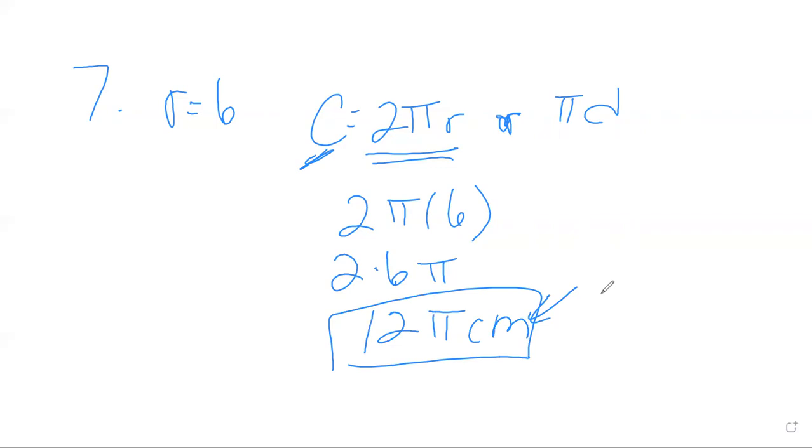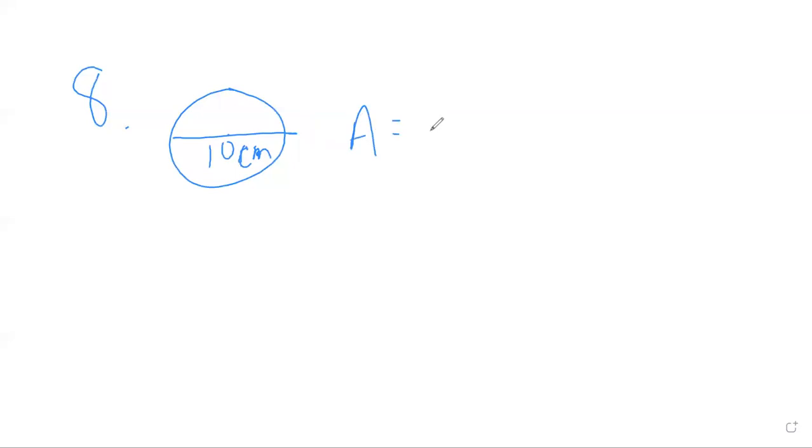All right, now we'll go to number 8. Number 8, we have a circle. This time it gives us that the diameter is 10 centimeters. And then they want us to find the area. Well, the area only has one formula, pi r squared. So we have to find the radius. If the diameter from here to here is 10, the radius is half of 10.